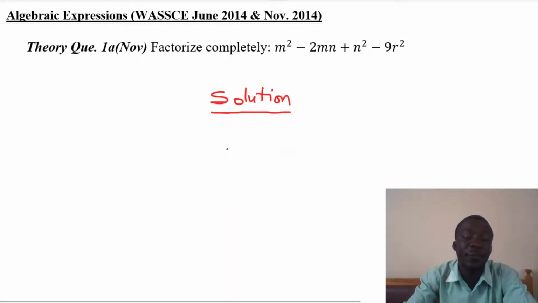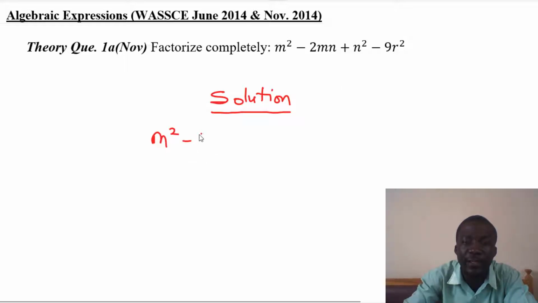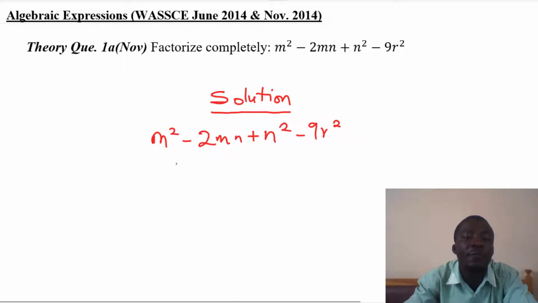In our theory question 1a, November, you have to factorize completely m squared minus 2mn plus n squared minus 9r squared. Looking at the question, we have 4 terms that we should consider whether we can group them in 2's and factor from that place.